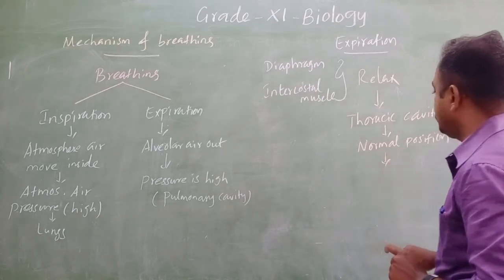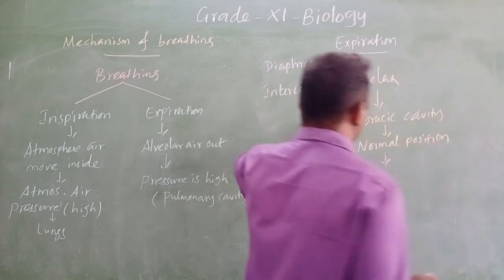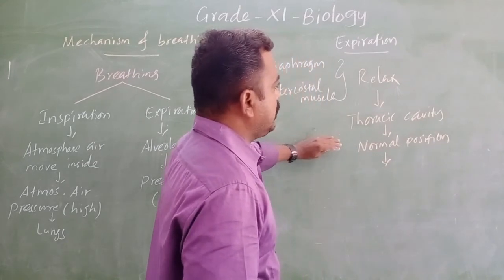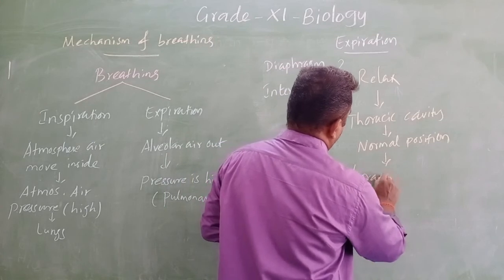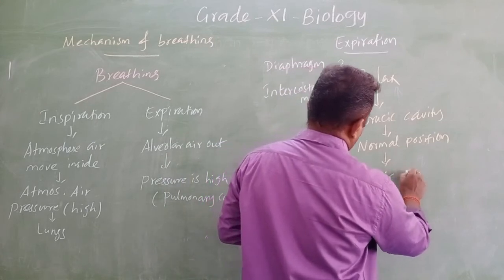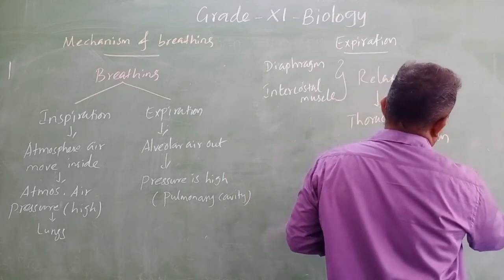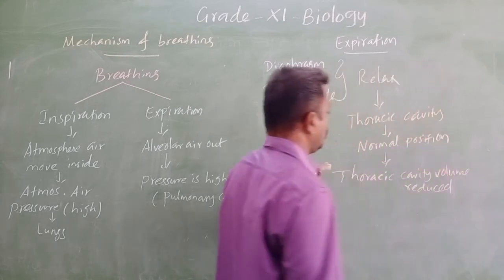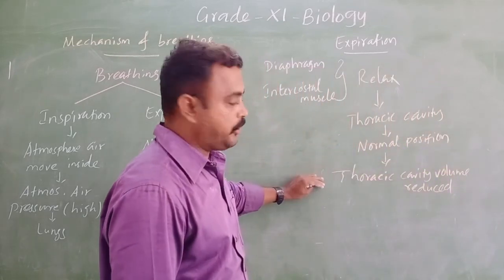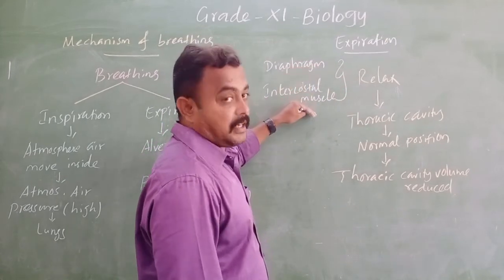So here the thoracic cavity volume will be decreased. Thoracic volume is reduced due to relaxation of the diaphragm and intercostal muscles.